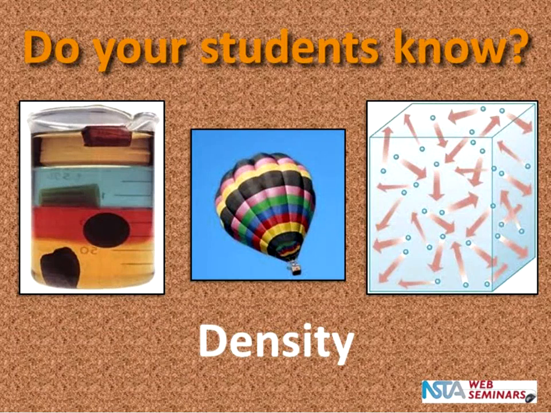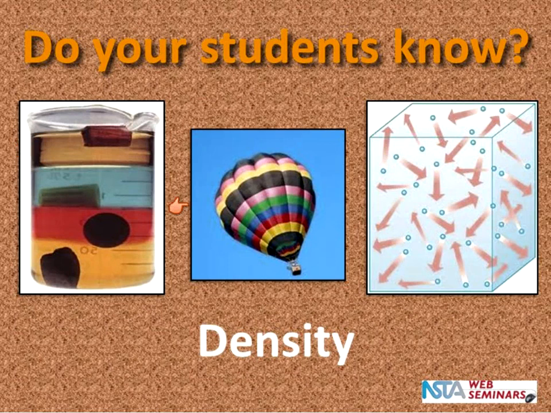Now, first of all, students need to understand the concept of density before beginning this lesson. There are pictures shown here that show different forms of density that you may have already discussed with your students. In the first picture here, we have some different densities of liquids and solids, kind of a classic picture here of different materials and the way that they can float on top of each other because of their different densities.